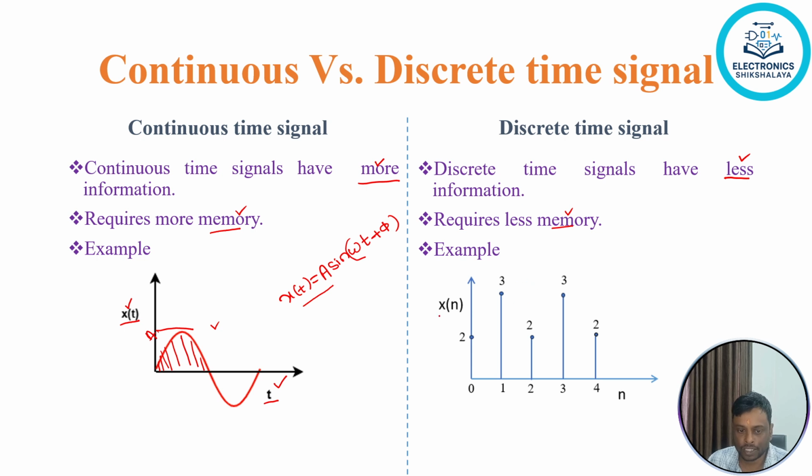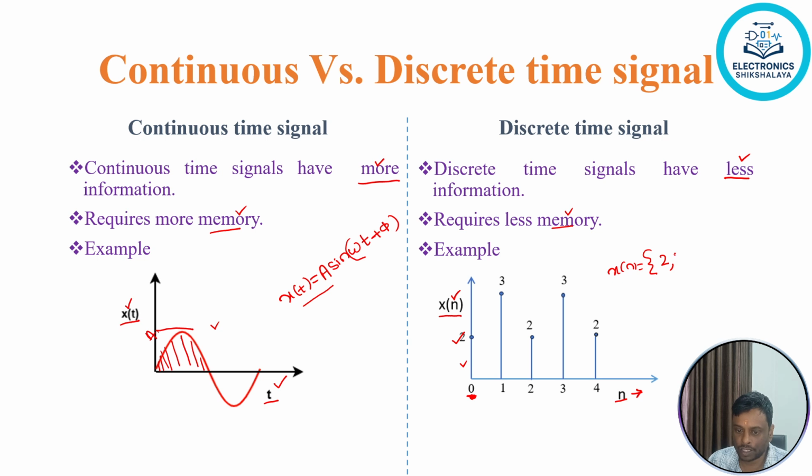A discrete time signal, as I have told you, is represented by x of n. These are the values of n, and it is a finite duration signal. x of n at 0 has the value 2.